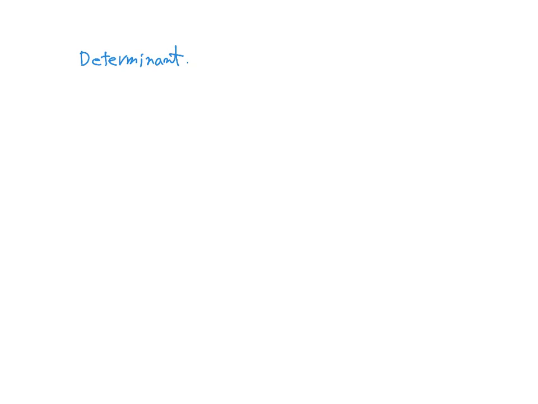So, for example, let's start with a very simple case, a 2 by 2 matrix. So determinant is for an n by n matrix. So let's say it's 2 by 2. So sometimes I'm going to write down the components explicitly.